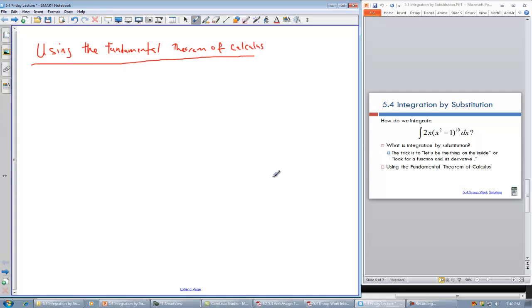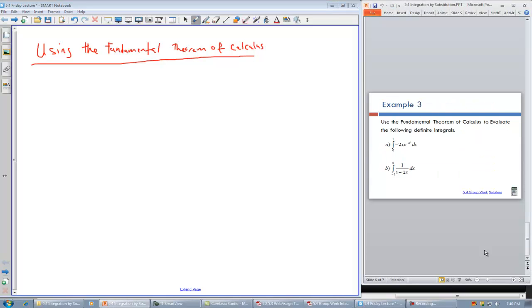And let's just do an example of how this works with using substitution and the fundamental theorem to do a definite integral. So here are some examples. So use the fundamental theorem. I'm going to call this example 3. Let's continue on with the last lecture. The fundamental theorem of calculus to evaluate the following definite integrals.